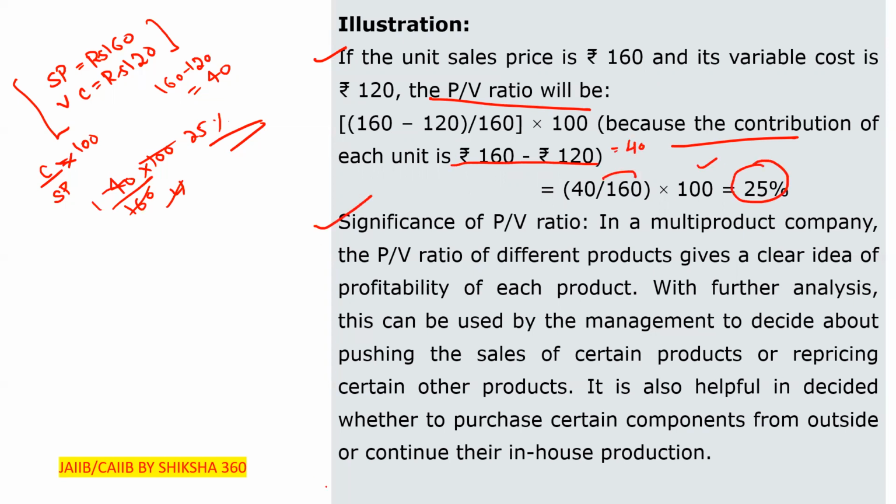Significance of PV ratio: let's understand what it is. In a multi-product company, the PV ratio of the different products will give us a clear idea of the profitability of each product.